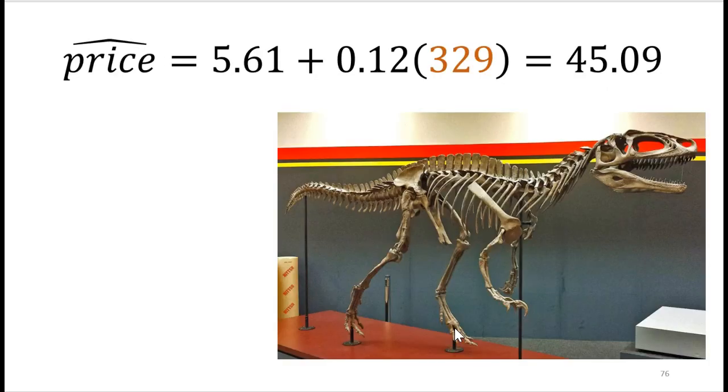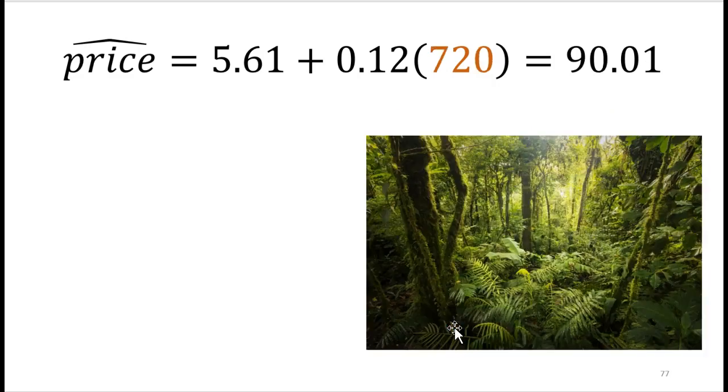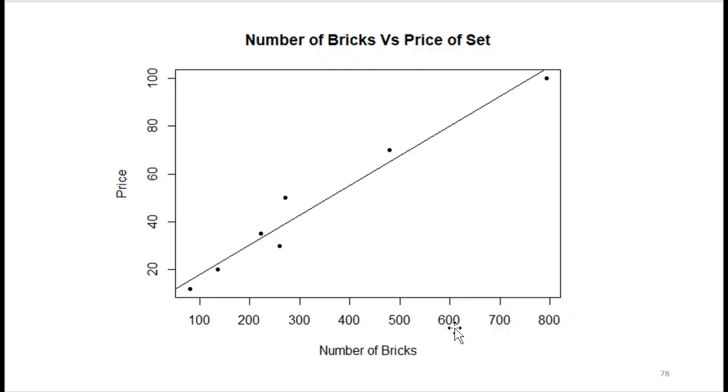Were you able to find this predicted price for part A? And this predicted price for part B. Notice that the predicted prices will fall on the line. We can use the plot to predict the price of a set containing 530 bricks.